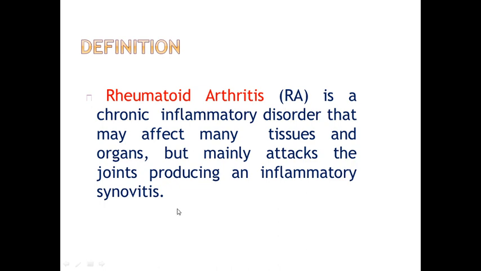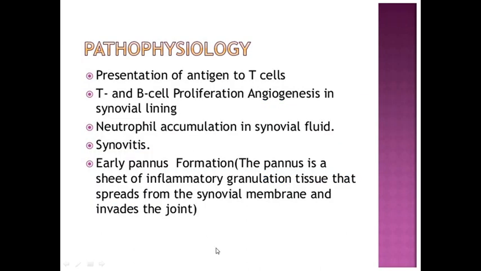Rheumatoid arthritis is a chronic inflammatory disorder that may affect many tissues and organs, but mainly attacks the joints, producing an inflammatory synovitis. Rheumatoid arthritis is an autoimmune disorder, and its pathophysiology belongs to the detection of an autoimmune response.